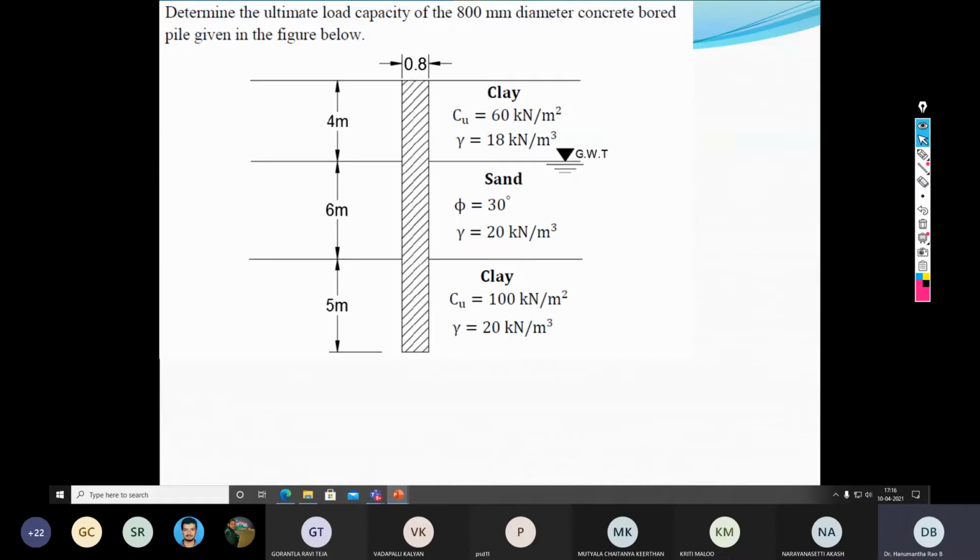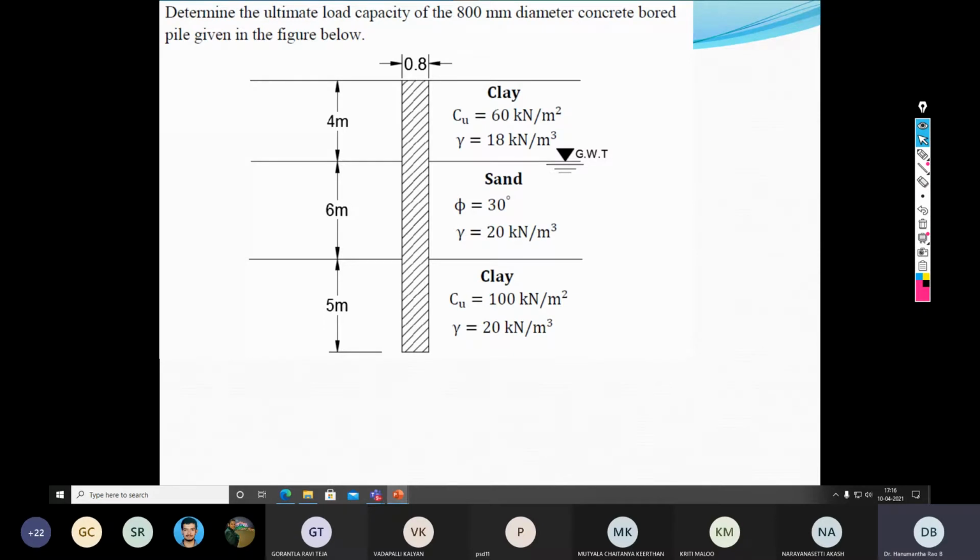So the total length of the pile is 4 plus 6 plus 5, 15 meter. There are three layers of soil. The first 4 meter from the ground surface is clay. The cohesion of that clay layer is 60 kilonewton per square meter, and density is 18 kilonewton per cubic meter.